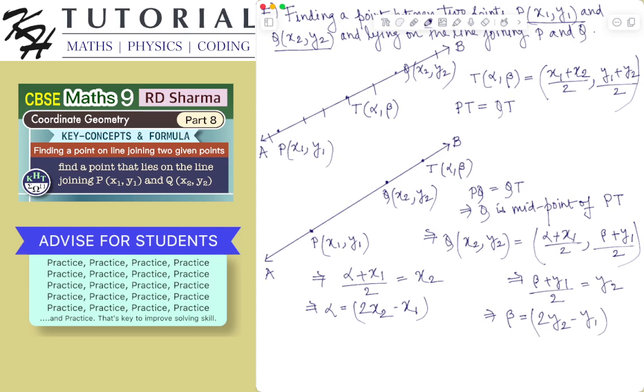So then I can say that the point T, which is a point lying on the line joining the two given points P and Q, but outside P and Q, that is not inside P and Q, will have coordinates alpha is twice x2 minus x1 comma, and beta is twice y2 minus y1.